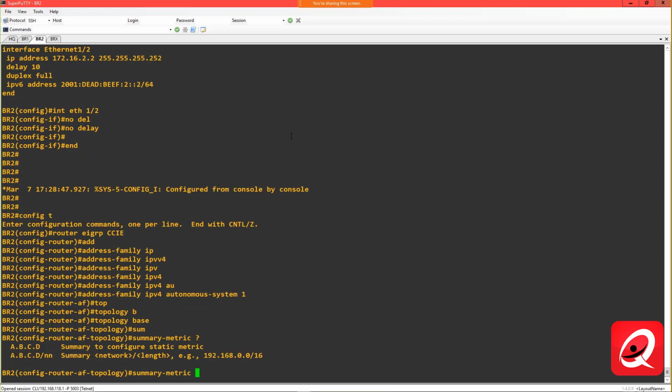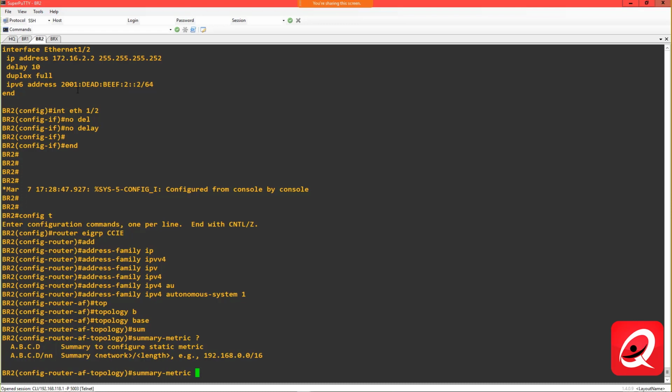So we can specify the summary metric for specific networks, or we can specify the summary metric overall. And let's just say that I specify the summary metric for the prefix that we're injecting.